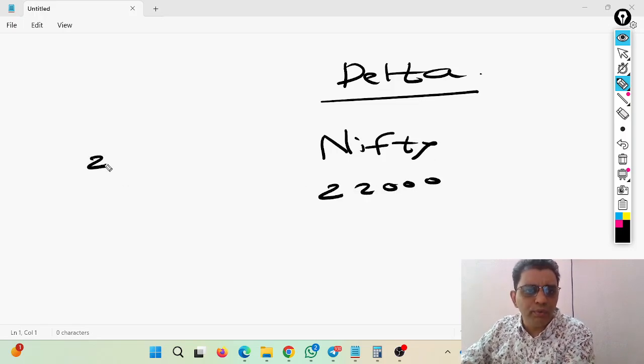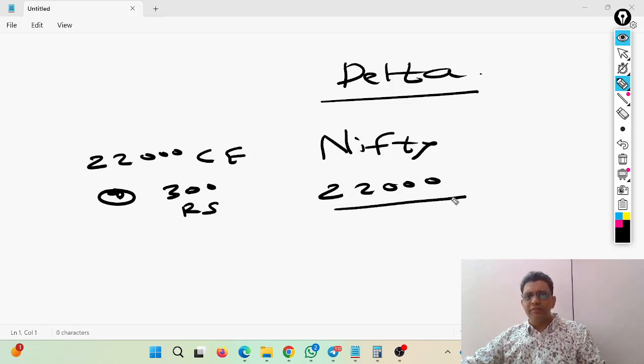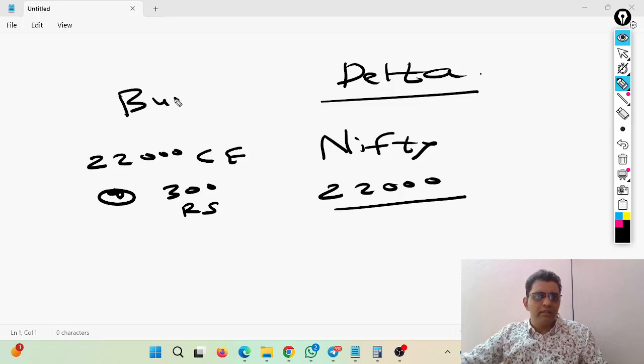And if I buy a 22,000 call option, let's say at 300 rupees. Spot price or the Nifty price is at 22,000. I have bought a 22,000 call option at 300 rupees.